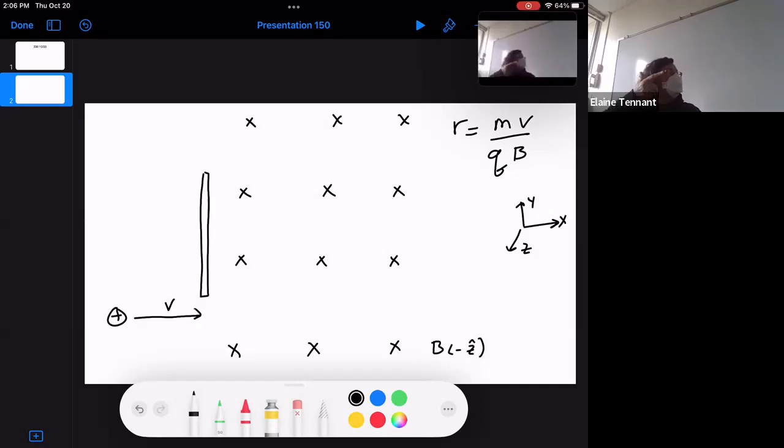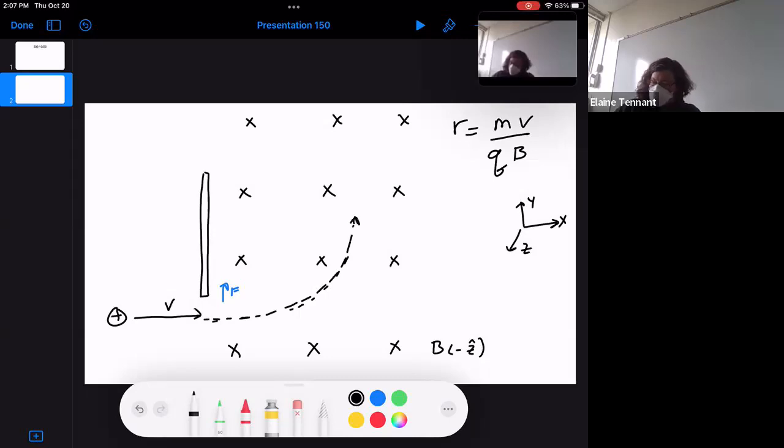So I'll have a V, a B, and a force. Velocity, field, force. It's going to experience a force up, which means it's going to start curving up and go in a circle.